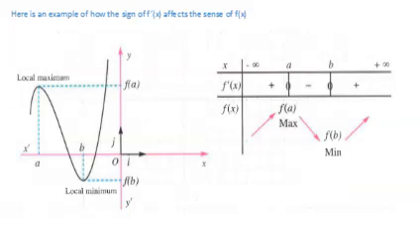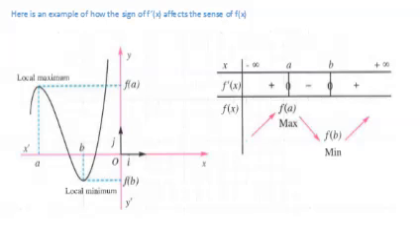So let us see an example of how the sign of f prime of x affects the sense of variation of f of x. As you can see here in the table, from minus infinity to point A, any point A, the derivative is positive. What does that mean? It means the function is increasing.